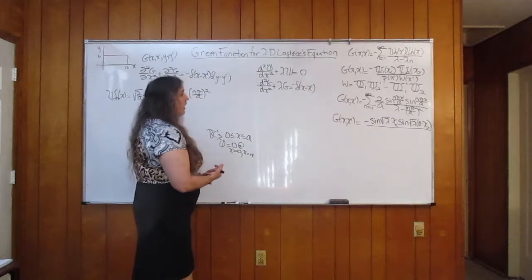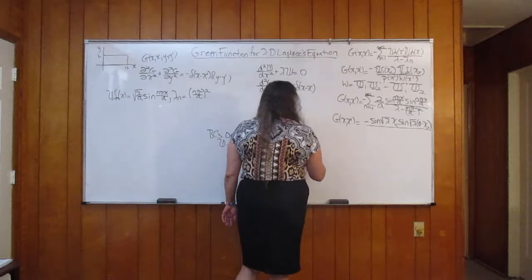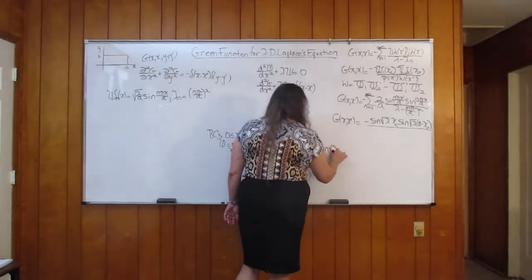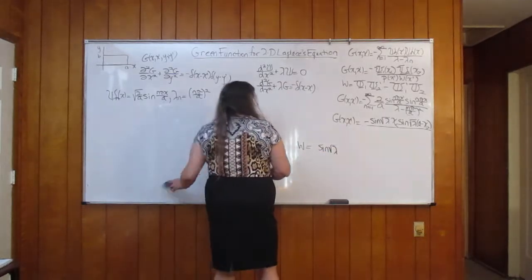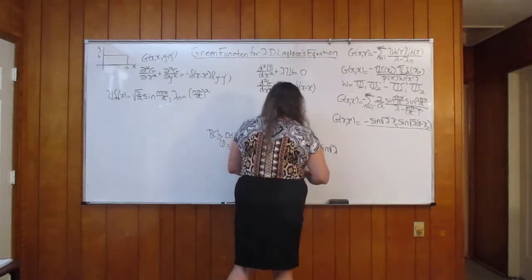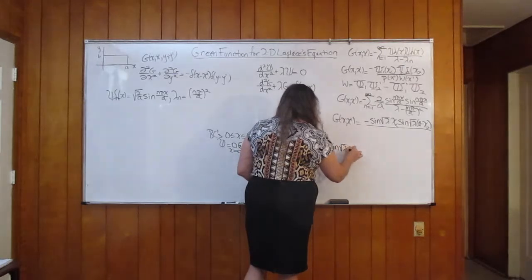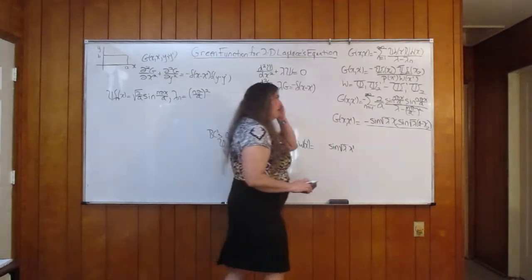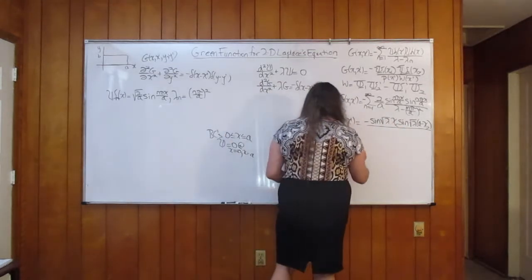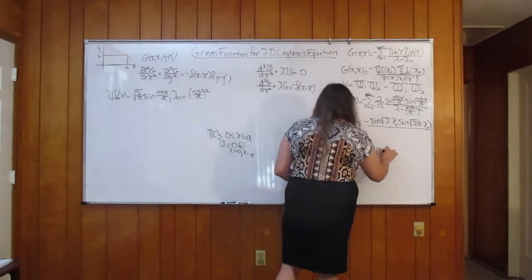And I need to calculate the Wronskian. Let me write this down here. The Wronskian in this case is equal to sine square root of lambda x prime, but we take the derivative of the second function with respect to x prime. So this is going to be cosine square root of lambda times a minus x prime.